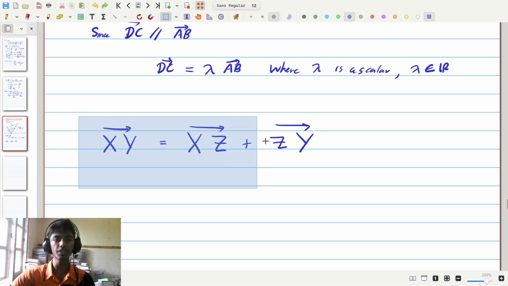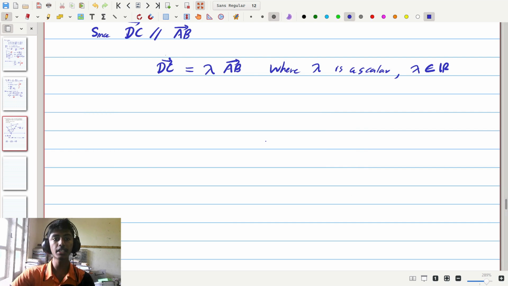Now we're going to use this in this particular situation to write the DC vector as the D to origin vector plus the origin to C vector. And similarly, we're going to have that being equal to lambda times, and we're going to take the AB vector and write it as the A to O vector plus the O to B vector.